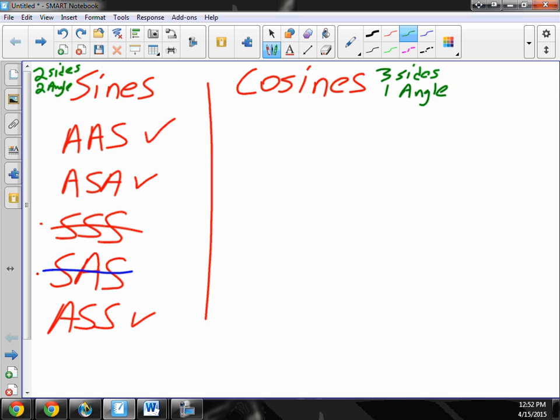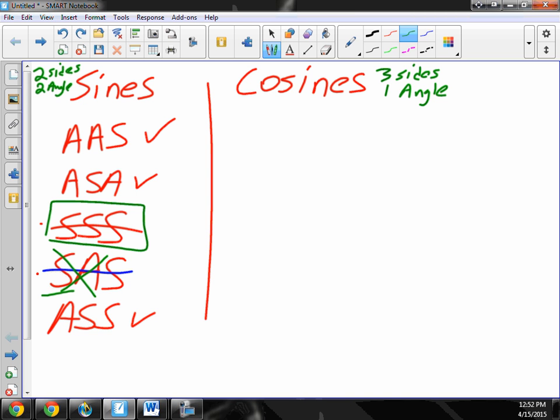So if we look at the law of sines, why does SSS not work? You have to have at least 1 angle. If you have 2 sides, then you need an angle. And this one does have 2 sides and an angle, but it's the wrong angle. That's why this one doesn't work. It has to be one of the 2 correct angles.